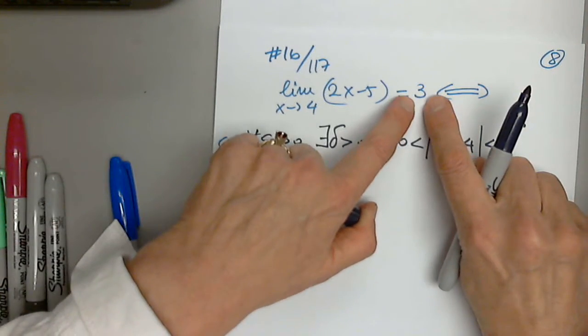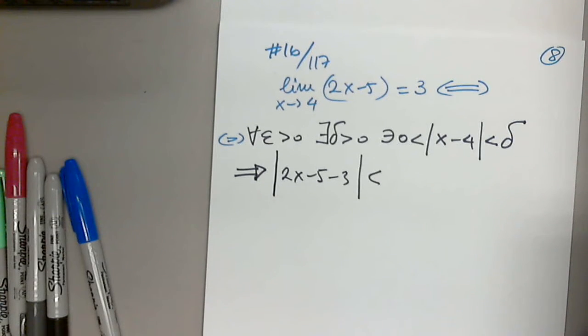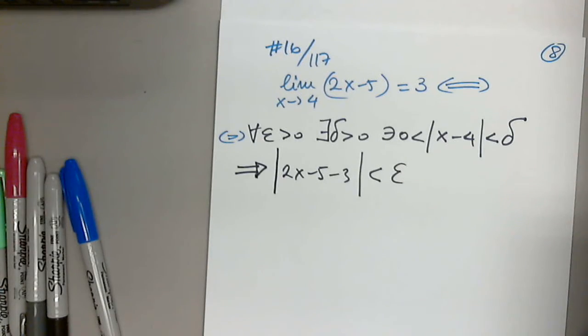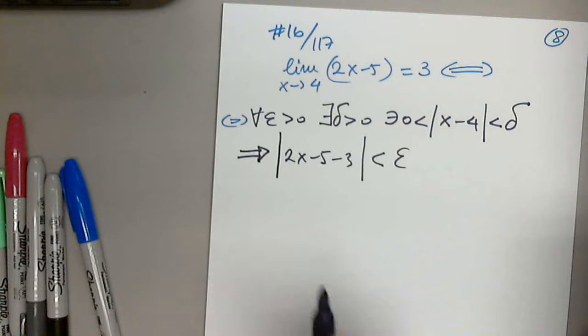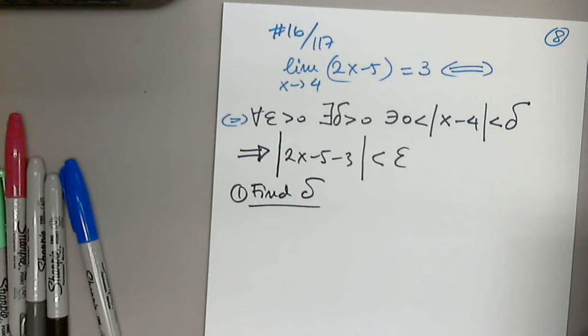Remember the function goes with this and x goes with 4. Good, that's it. So where do we start? In step 1, find delta. Where is the starting point?